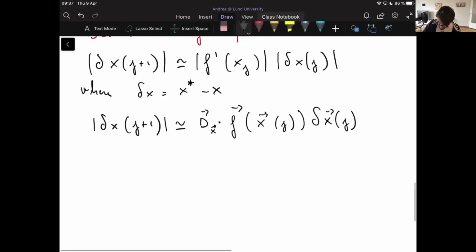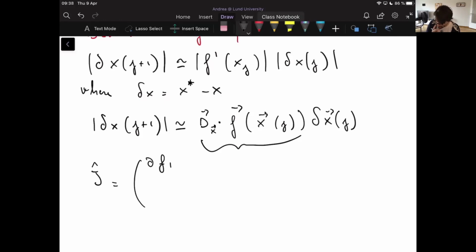Okay, so this is called a Jacobian J, and it is a matrix where I put all my partial derivatives of f. So f vector means that it has many dimensions, 1, 2, 3, 4, and so on and so forth. And also x vector has the same number of dimensions.